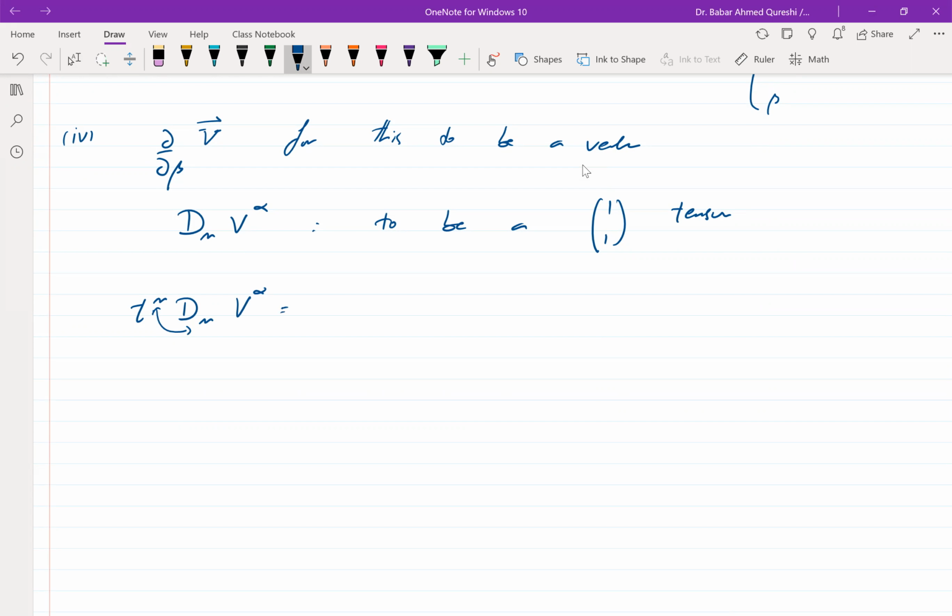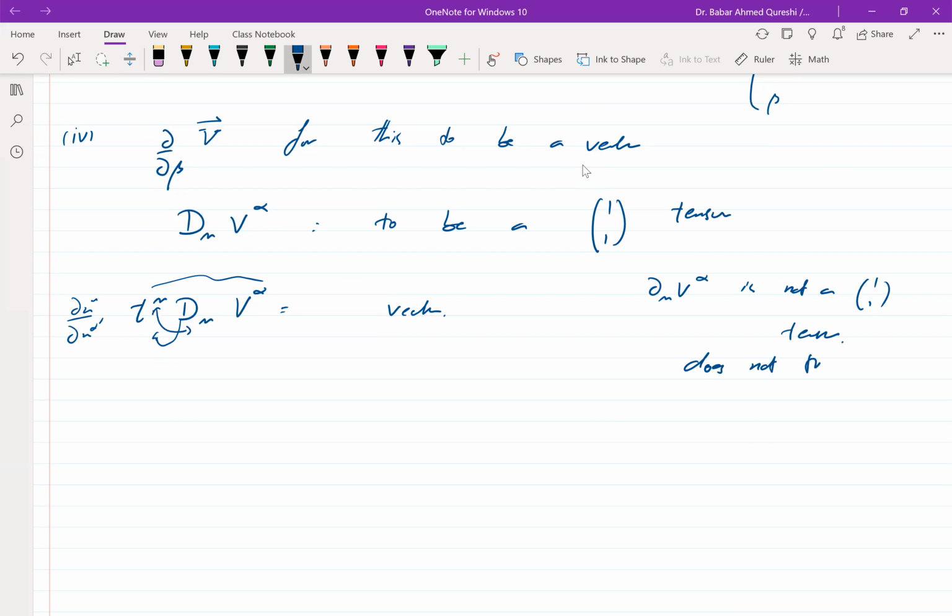So this transforms with something like this, and this transforms in the opposite way, so they cancel, and this guy then becomes a proper vector. So this will happen if I assume that d mu v alpha is a 1-1 tensor. Actually, this was the main problem, that this guy is not a 1-1 tensor because it does not transform properly.